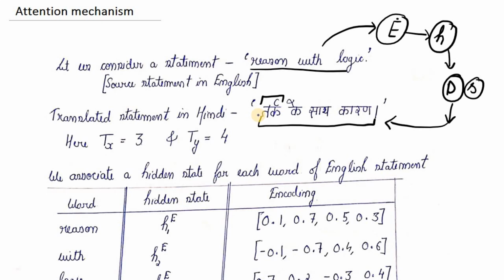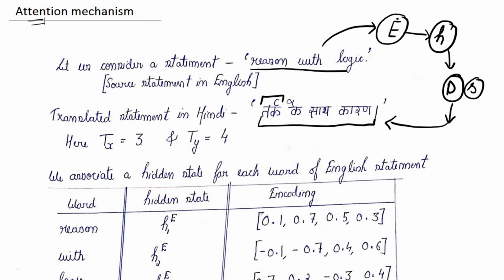A combination of reason and logic is. So maybe at one point of time we should know the hidden state corresponding to which word should be given more preference as compared to the others. Over there, the attention mechanism comes in handy, and how it is exactly done, we will explain entirely in this video.